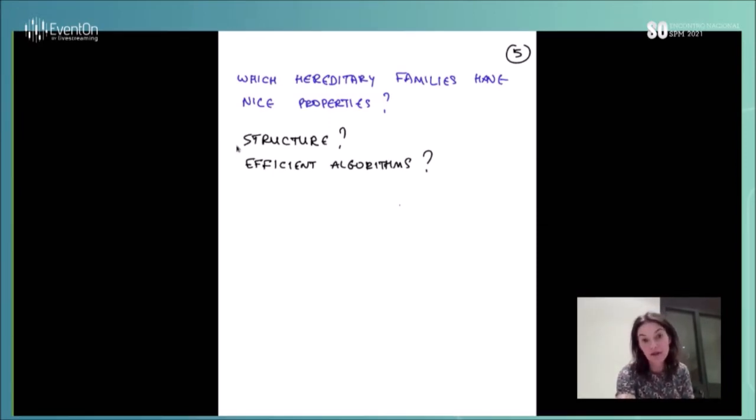There are many ways to say what you mean by nice properties, but I'll focus on two things: structure, being able to say something about the structure of these graphs, and the existence of efficient algorithms. One topic I will not talk about, even though I and other people have worked on it, is what happens to the chromatic number of a graph if you forbid induced subgraphs. But that's a subject for another talk that I'm not giving now. So right now I'm just going to talk about structure and efficient algorithms.